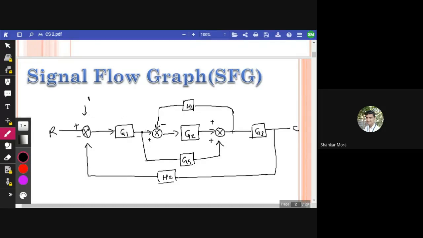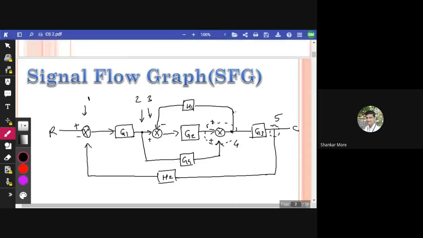This is the first node, this is the second node, and this is the third node. After that, we have this complete as the fourth node, and this is the fifth one.